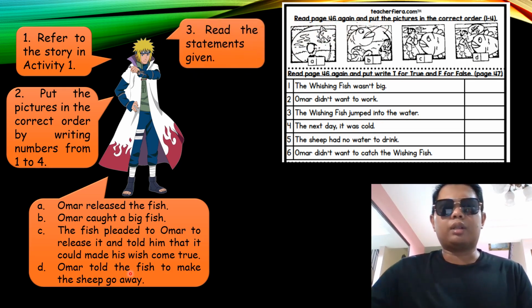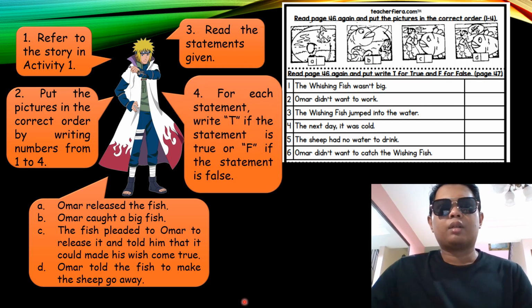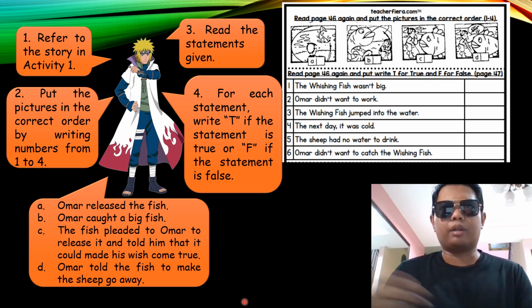Now for the next activity, the next exercise, you read the statements given. Altogether you have 6 statements. For each statement, you write T if the statement is true or F if the statement is false. You read the statement first.